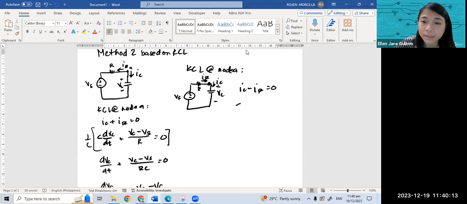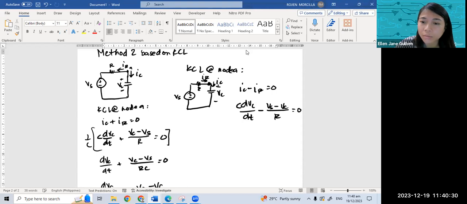IC is C dVC/dt, minus IR, which will be, instead of VC minus VS, VS minus VC over R, equal to 0.